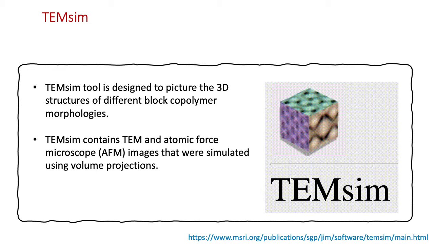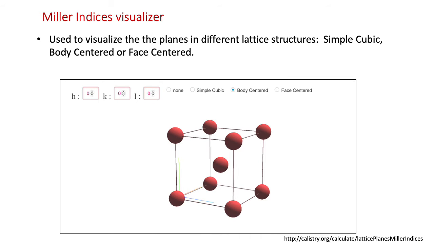TIMSIM contains TEM and atomic force microscope images that were simulated using volume projections. Also, I'll be using the Miller indices visualizer, which is used to visualize the planes in different lattice structures: simple cubic, body-centered, or face-centered.